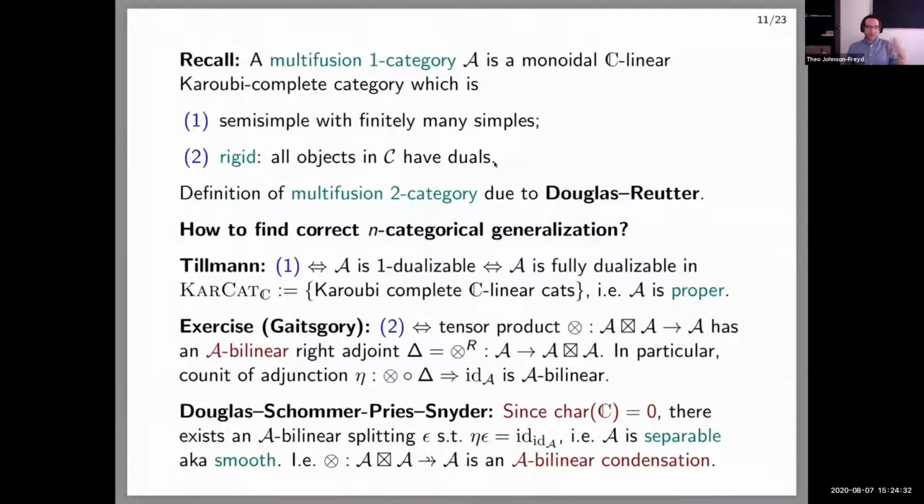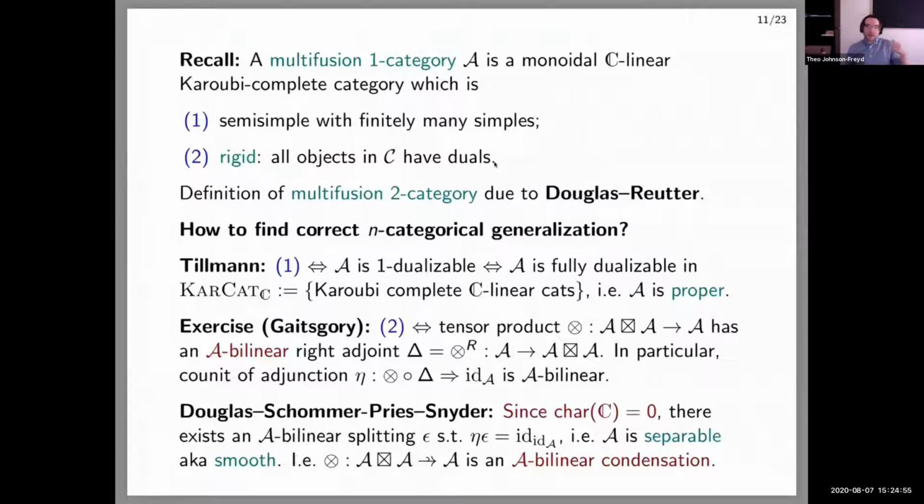A fusion category for which this adjunction is a separable adjunction is called a separable fusion category. As far as I can tell, it was Douglas, Schommer-Pries, and Snyder who gave the complete proof that every fusion category in characteristic 0 is separable. To summarize, at the end of the day, I'll also use the word smooth, I'll use those words interchangeably.